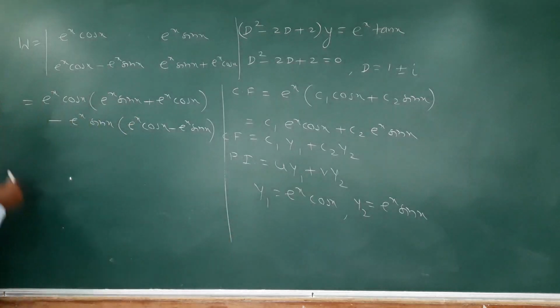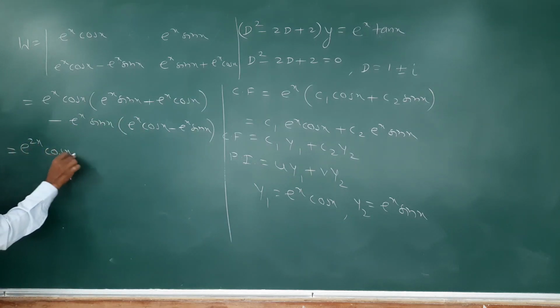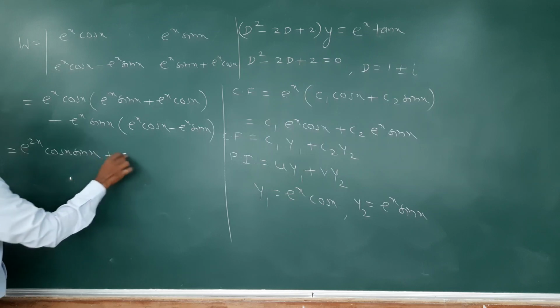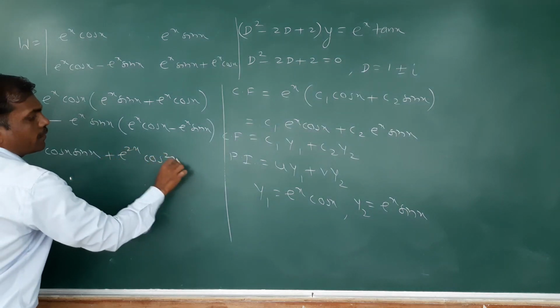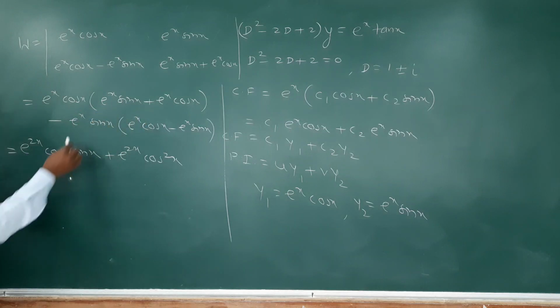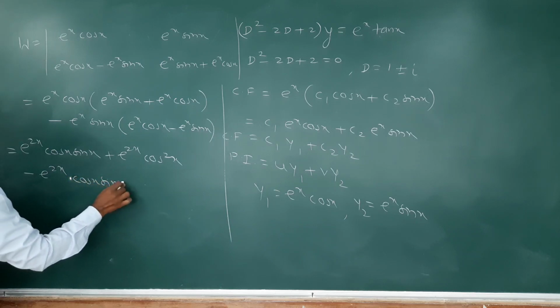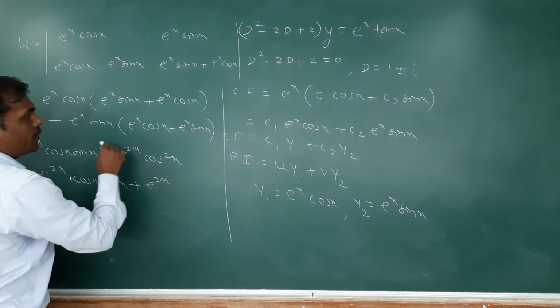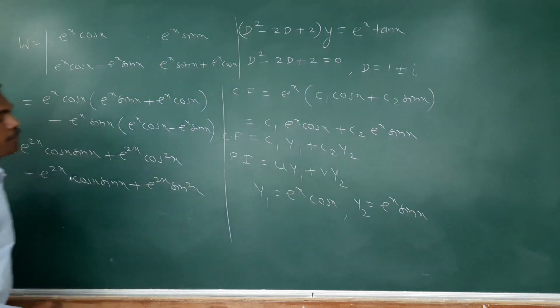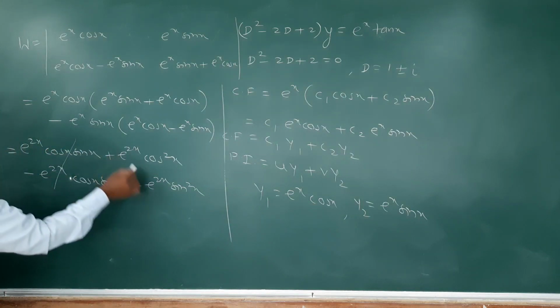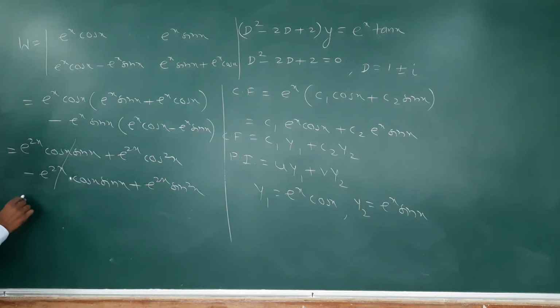Simplifying, it becomes e raised to 2x cos x sin x plus e raised to 2x cos square x, minus e raised to 2x cos x sin x, plus e raised to 2x sin square x. So this term gets cancelled, and e raised to 2x is common, cos square x plus sin square x is 1. So your answer is e raised to 2x.